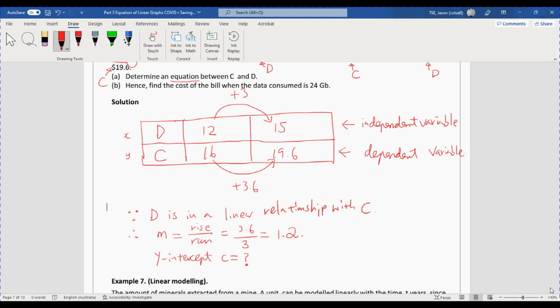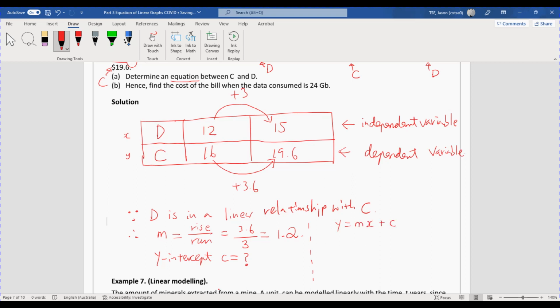So you need to find c, right? Just like what we did before. But this time we're not using y and x anymore. We use y as our C, so C equals, let me still write y equals mx plus c for some of you if you find it difficult to understand.